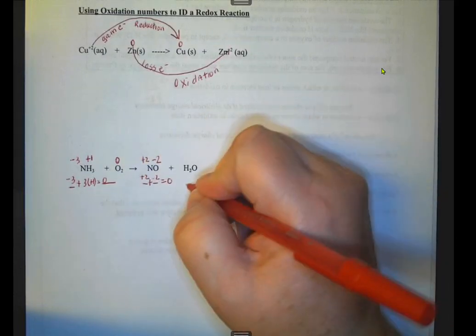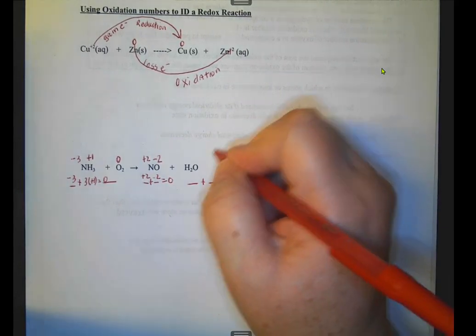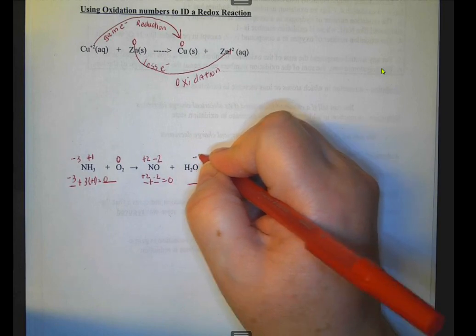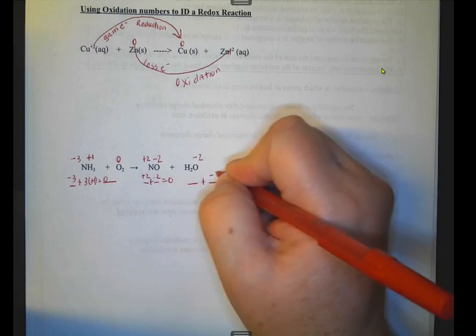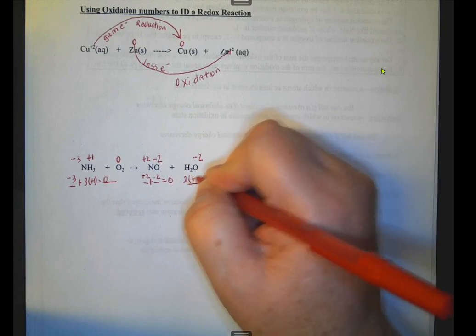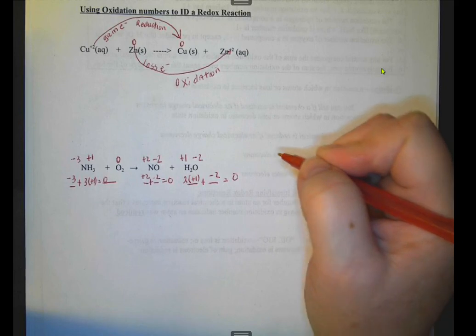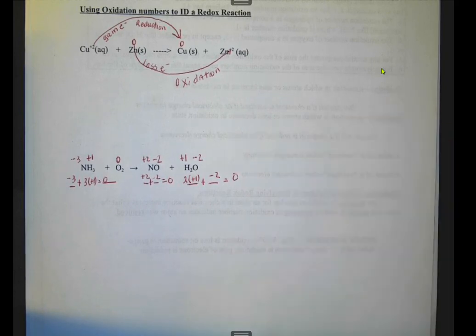In water, the sum of the oxidation numbers must also add up to 0. Oxygen's oxidation value is normally -2. Since there are 2 hydrogens, each hydrogen must have a +1 oxidation value in order for the sum of the oxidation numbers to add up to 0. Now I have all the oxidation number values assigned for this particular reaction.